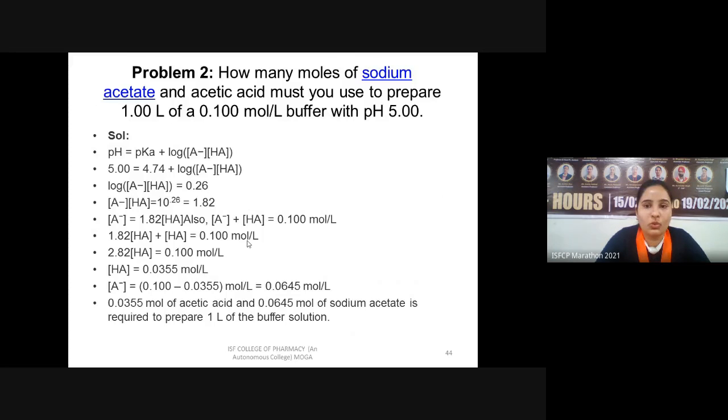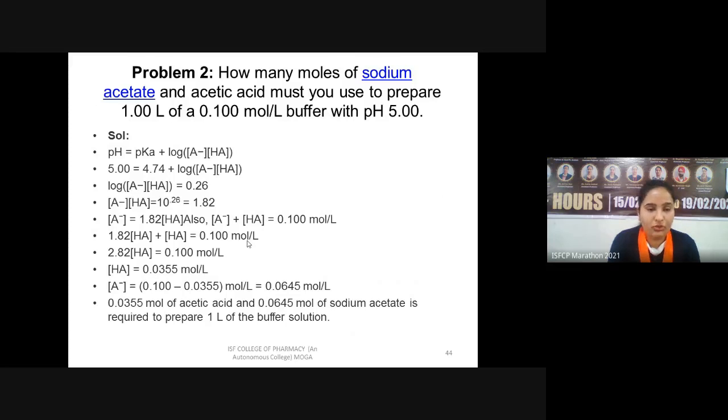The pKa value of acetic acid, we know, is 4.74. From here, we can calculate the concentration of the ionic form and the undissociated form. We will take the antilog on the other side, and the value comes out to be 1.82.